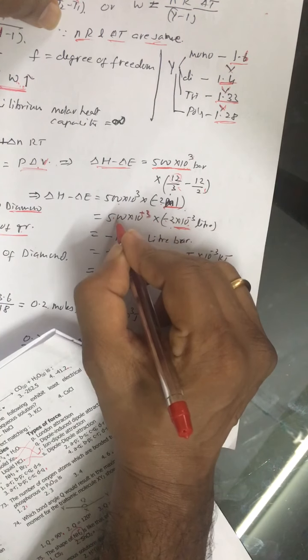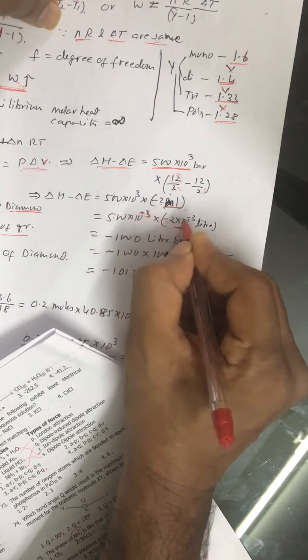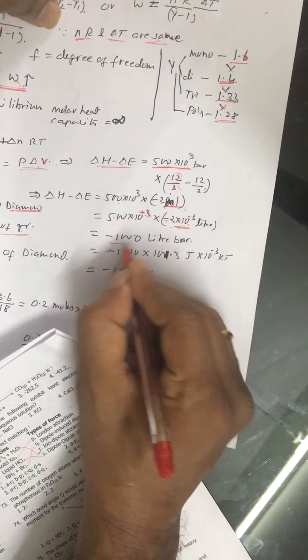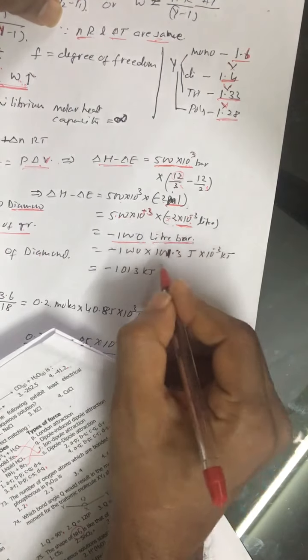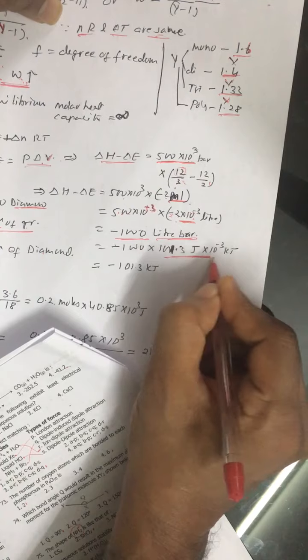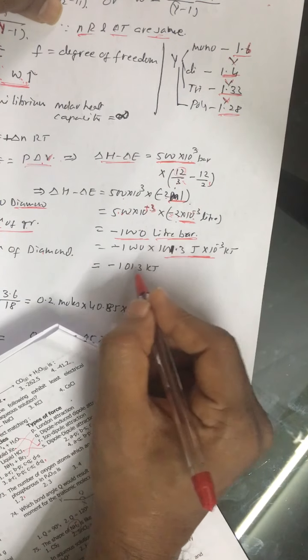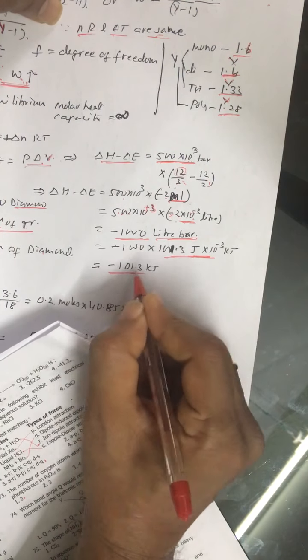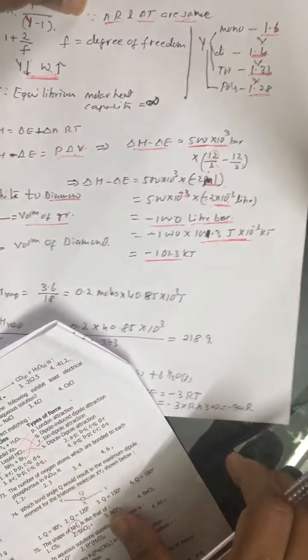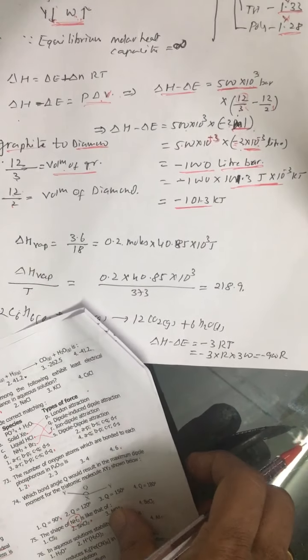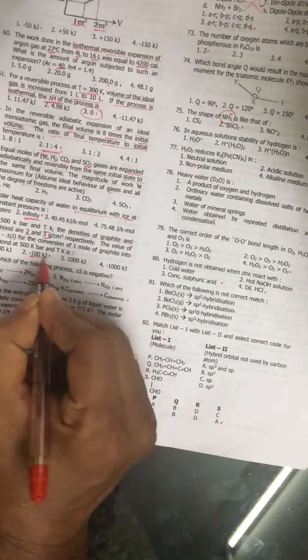So 500 into 2, these two are cancelled. 500 into 2 is minus 1000 liter bar, or just convert it into kilojoules. This is equal to 101.3 kilojoule, or nearly 100 kilojoules. So minus 100 kilojoules. Question number 65, the correct answer is approximately minus 100 kilojoules.